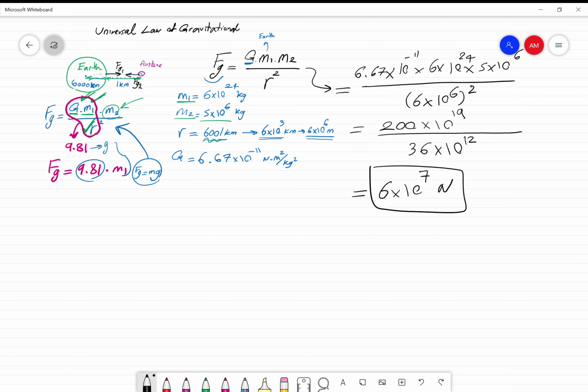Earth is also pulling the airplane, and we know that it is pulling it towards it. If the engines of the airplane shut down, the Earth will attract the airplane with a very large force, which is equal to 6 times 10 to the power of 7 Newton. But how come Earth is not moving towards the airplane? If they're both applying force against each other, how come only one of them is moving?